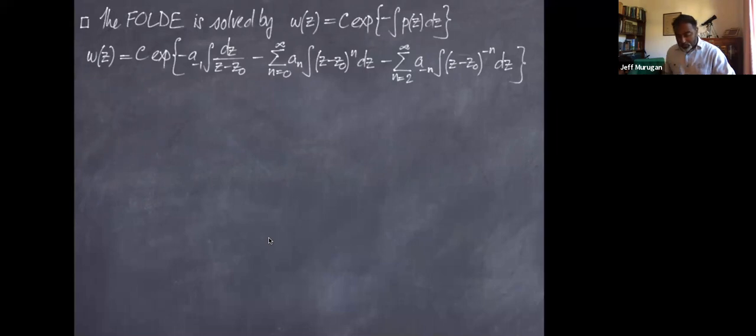So let's see. The first term is straightforward enough. That's just c times the exponential of minus a minus 1 log of z minus z naught, because the integral of 1 over z minus z naught is just log of z minus z naught.